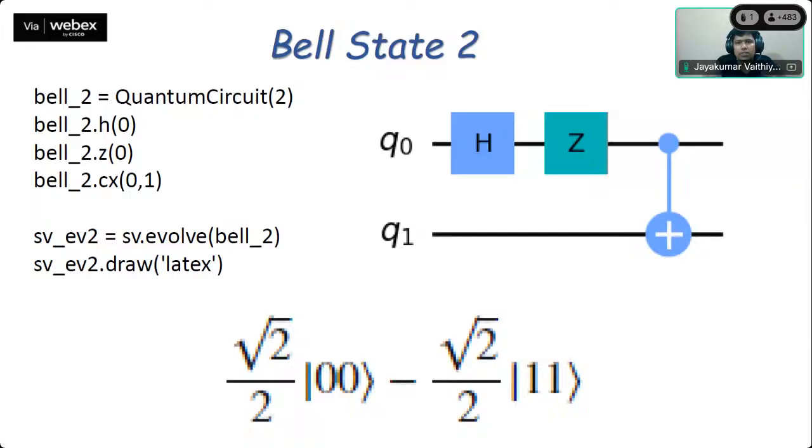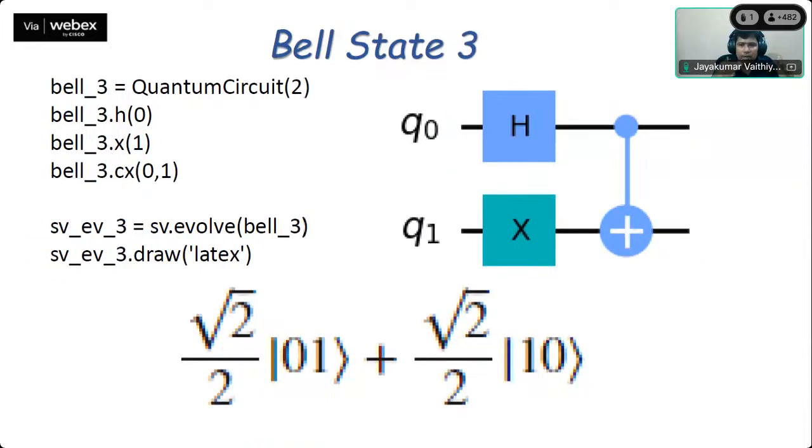What is the case of Bell state 3? We have a NOT gate, where we are putting the NOT gate on Q1. So this will contradict between Q0 and Q1. If the first qubit is 0, the second qubit is 1. If the first qubit is 1, the second qubit is 0. Okay. So remember these three circuits.